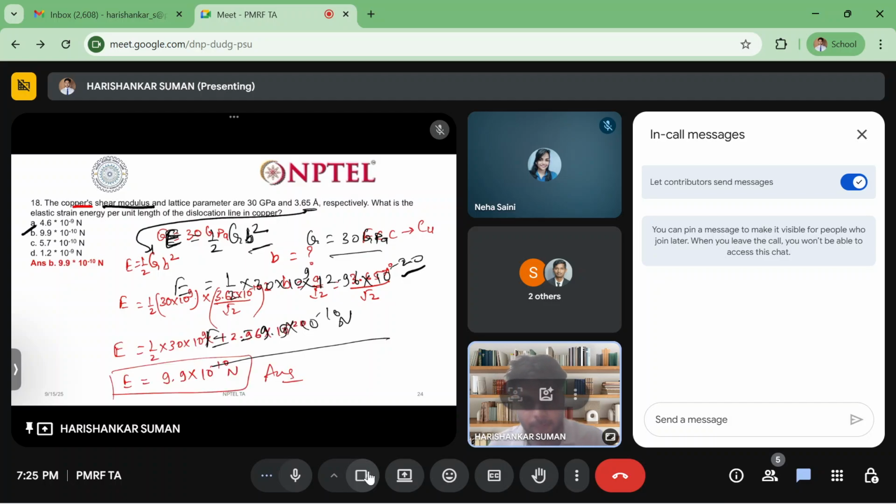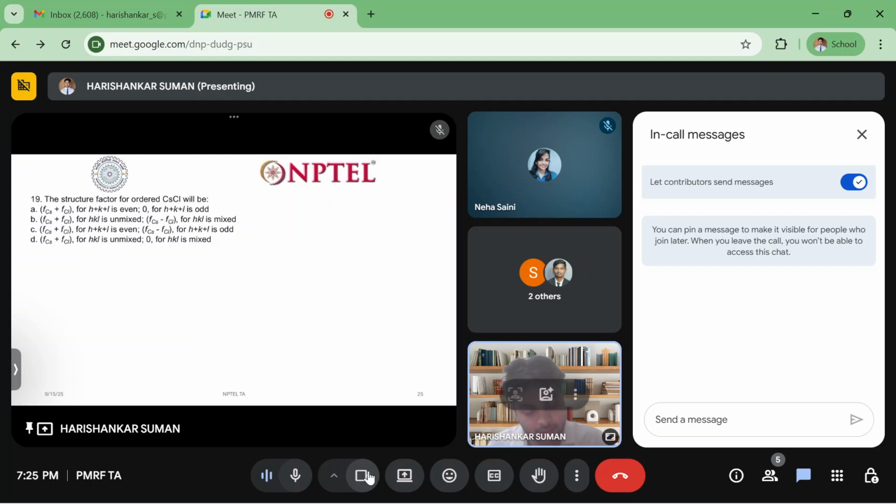Next question. The structure factor of CsCl will be.